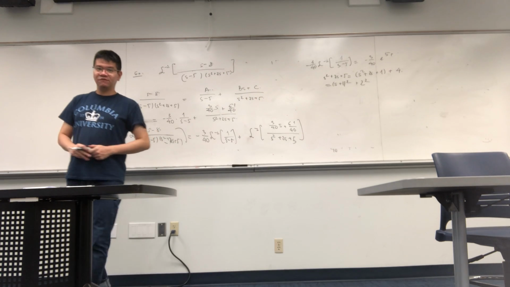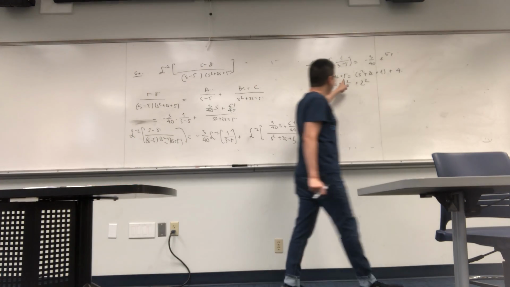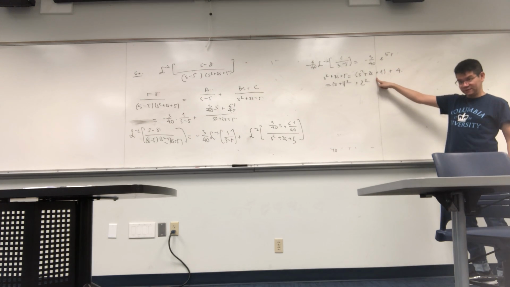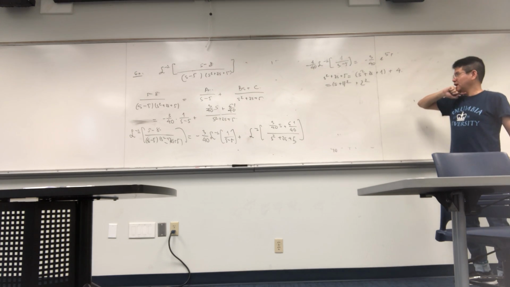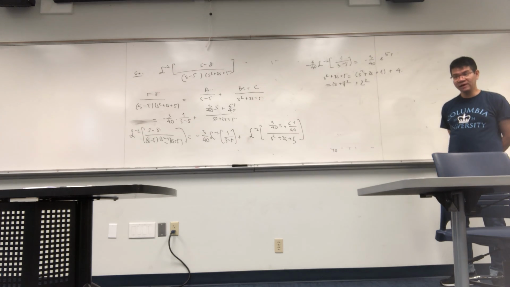All right. First, I complete the square with the bottom. So the bottom is s squared plus 2s plus 5. I split it into s squared plus 2s plus 1, right? Plus 4. And so this gives me s plus 1 squared plus 2 squared, right?